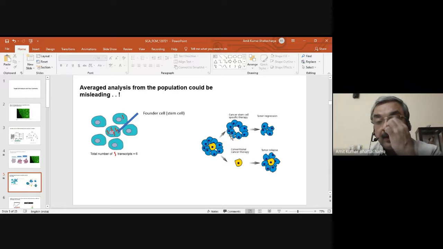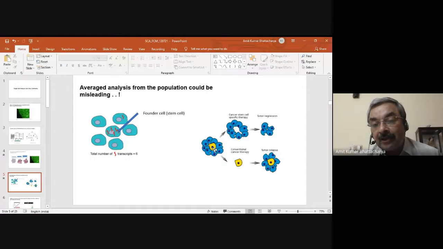But because this drug was designed against a protein present in all the tumor cells, it did not kill the stem cell. The stem cell survived, and after some time the tumor cells grew back because the stem cell was alive, and so there was a relapse of the tumor.